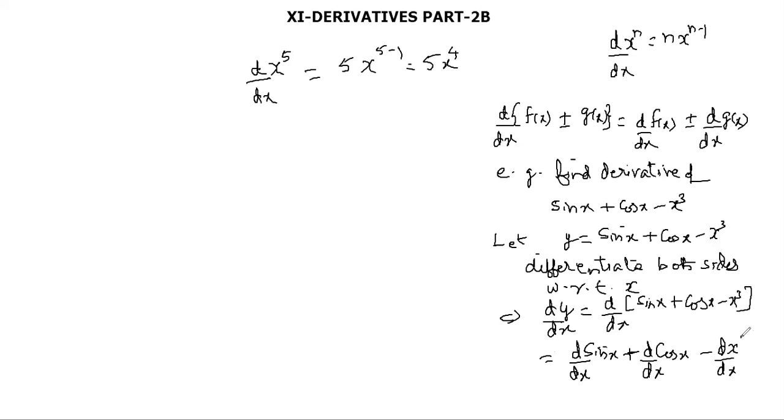Now you can differentiate using the formulas. You know all these formulas. The differential of sin x is cos x, of cos x is minus sin x, and the differential of x cube will be equal to 3x square, according to the formula n x raised to power n minus 1.